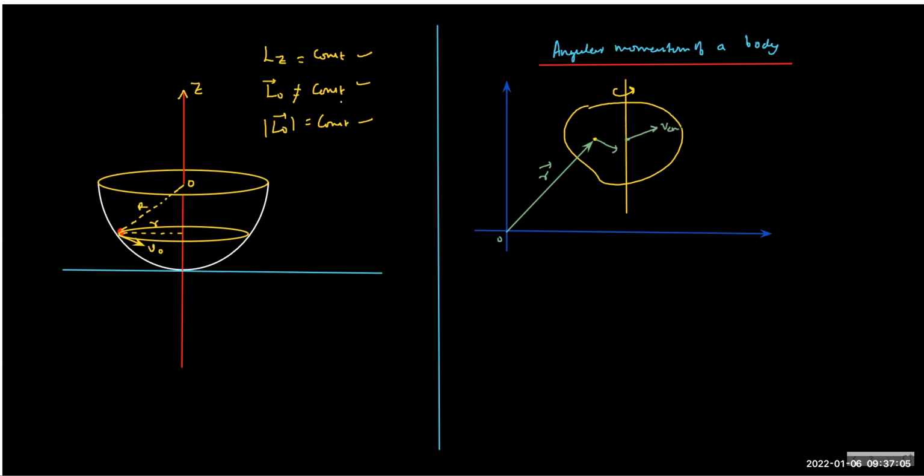So the body has VCM and omega both, so everything is there. So I choose some particle, I name it Mi, and let's say the position vector of the particle is Ri, and the velocity of this particle is Vi. I'm just making everything i. Let me remove this axis, it will be more interesting.